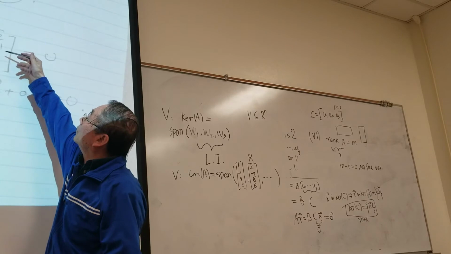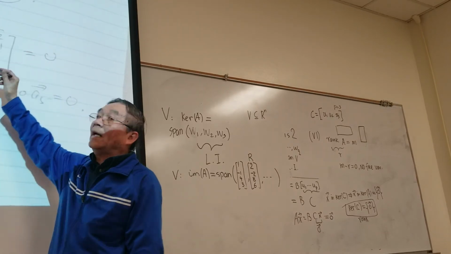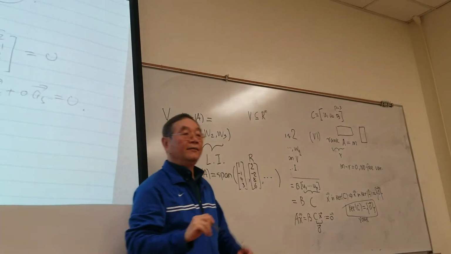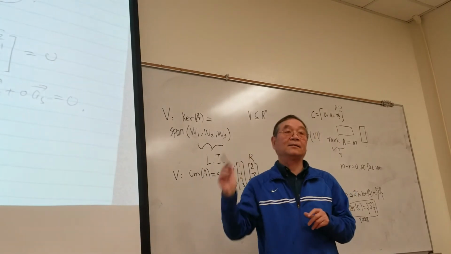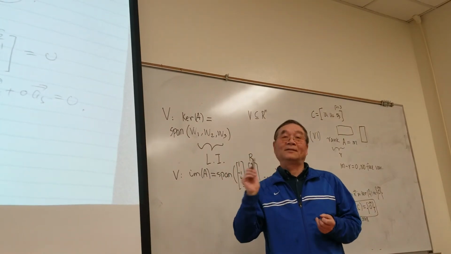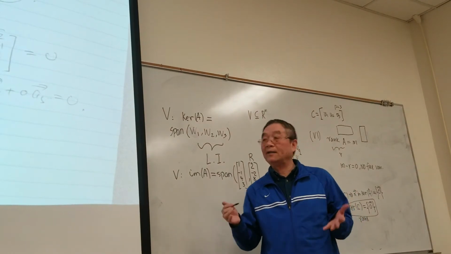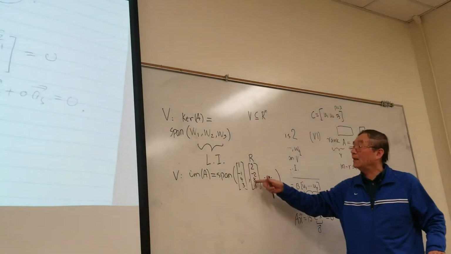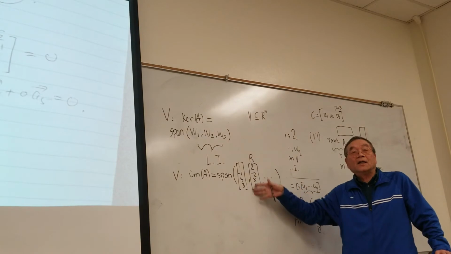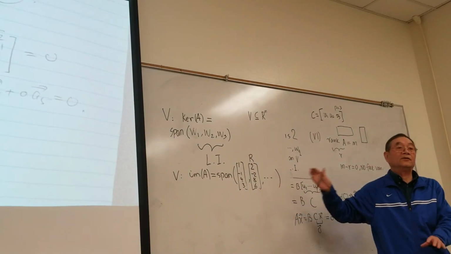It's not going to be 2, minus 1, 0. Anytime you have a relation on the b's, you just replace the little b by a little a, right? So little a is A1, A2, A3, A4, A5, the columns of the original matrix A.